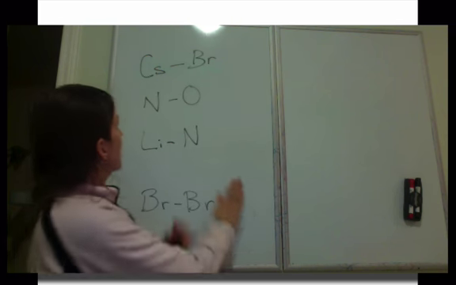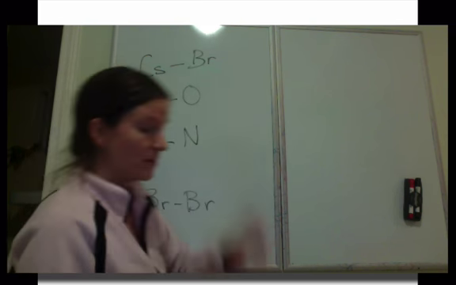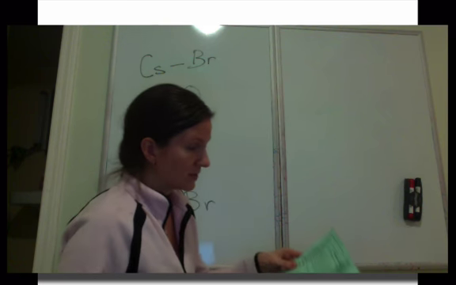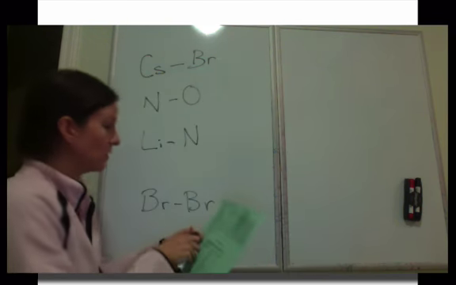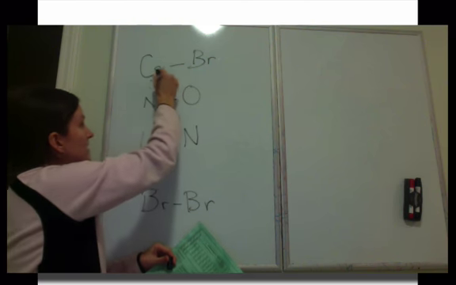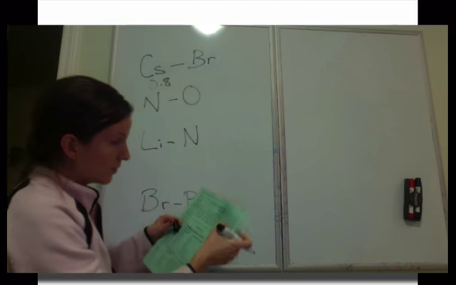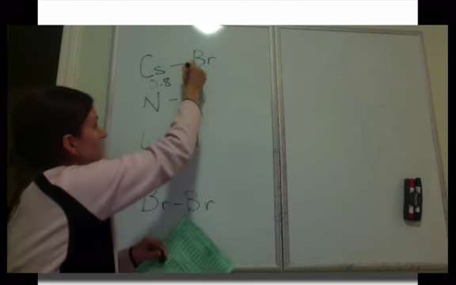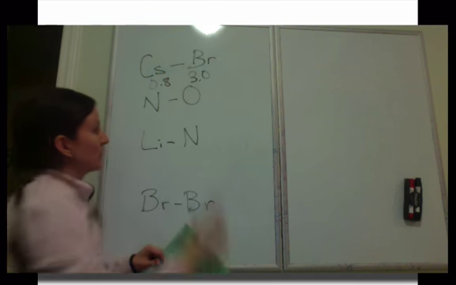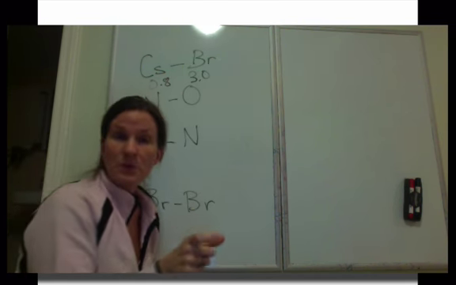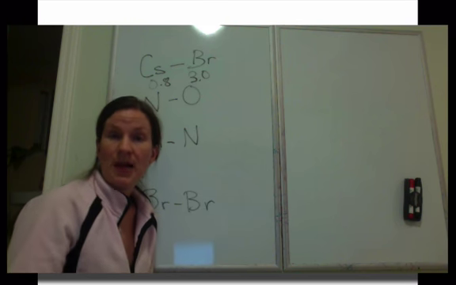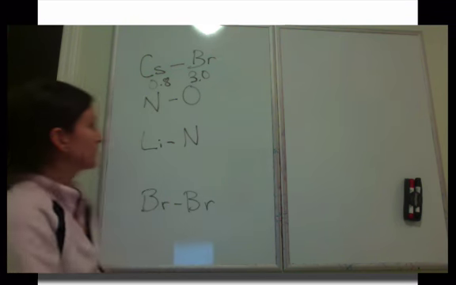So we start at the top with this cesium and bromine. If you look for cesium on this chart, right here I have an electronegativity value of 0.8. And for bromine over here I have 3.0. The electronegativity difference is just the difference between the two. Always make it positive because it's just the difference.